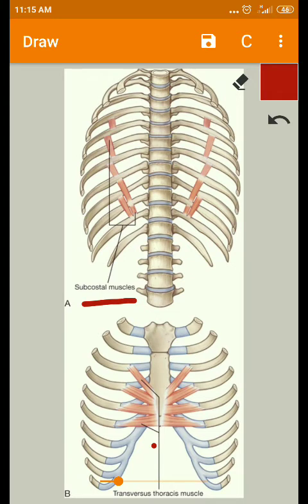Here the anterior part of the ribs is cut to expose the posterior surface of the rib cage, where the subcostalis muscles are attached.